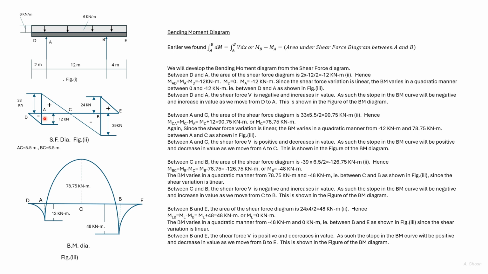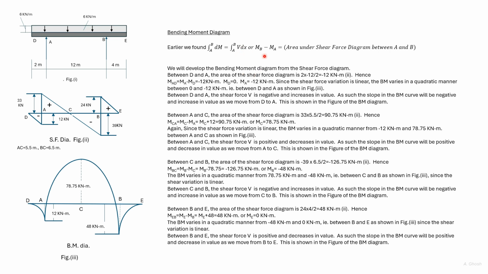To start with, we find the area of this triangle between D and A. So it is given as 12 into 2 divided by 2, and it is negative, so it is given as minus 12 kilonewton meter.